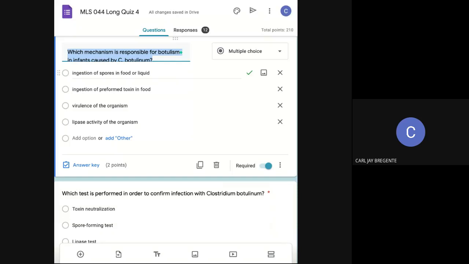But if the question refers to both infants and adults, the answer is ingestion of preformed toxin. Again, if the question is about infants, caused by Clostridium botulinum, the answer is spores found in food or liquid. But if the question refers to adults and infants, the answer is preformed toxin.